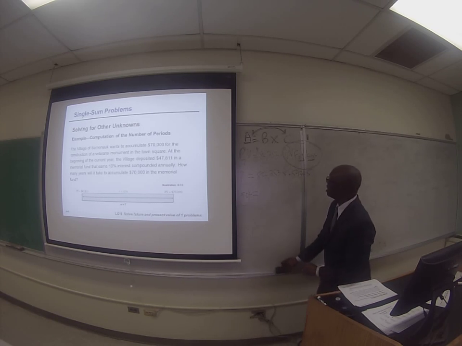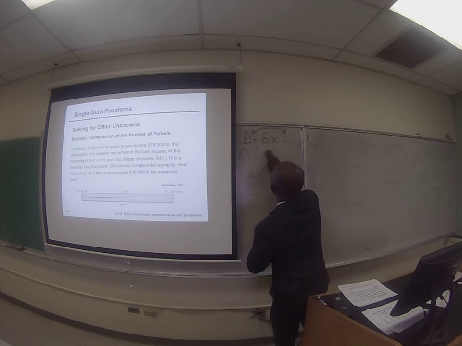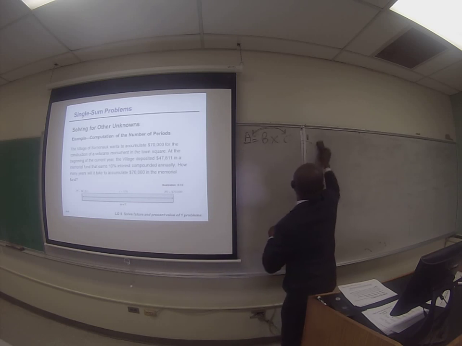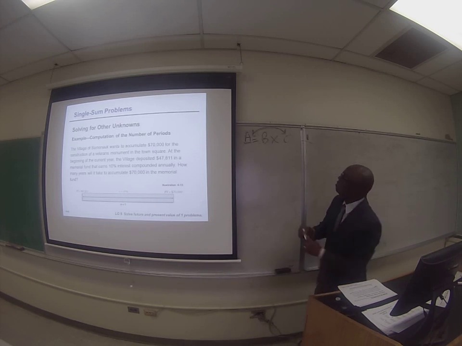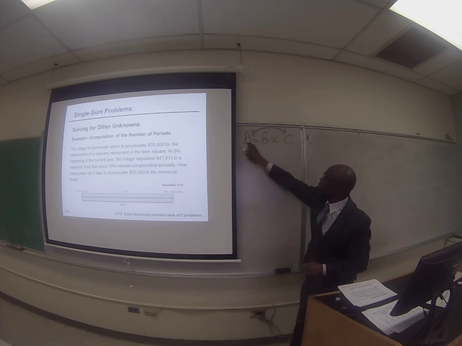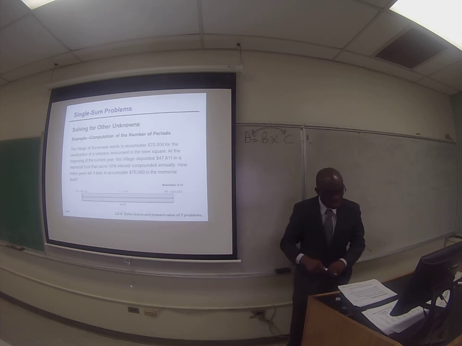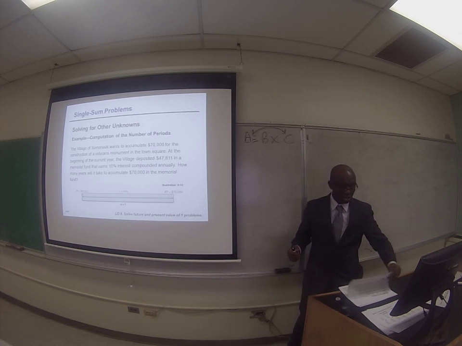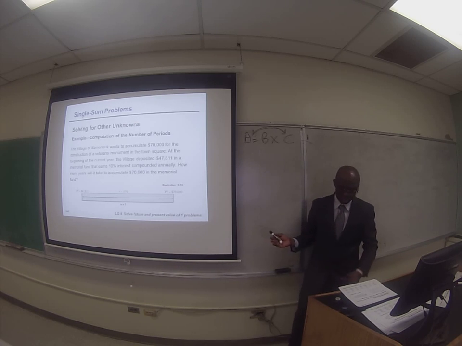So here are the obvious. Let's go back to our ABC formula again. The $70,000 obviously relates to the future amount.